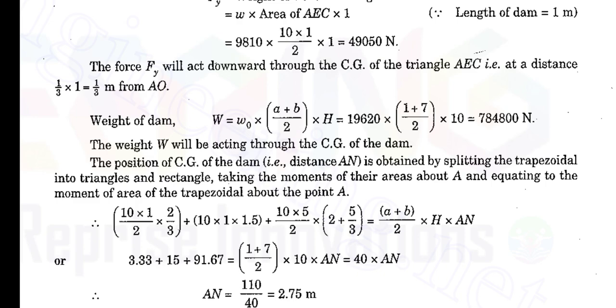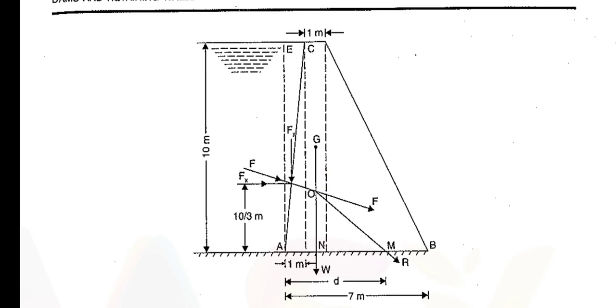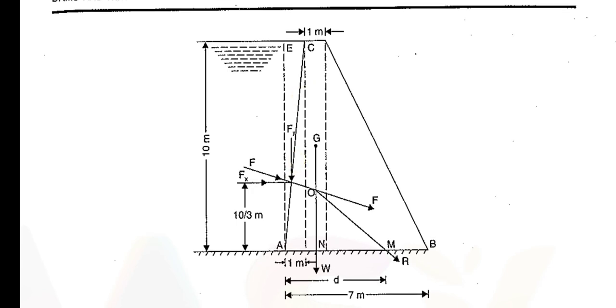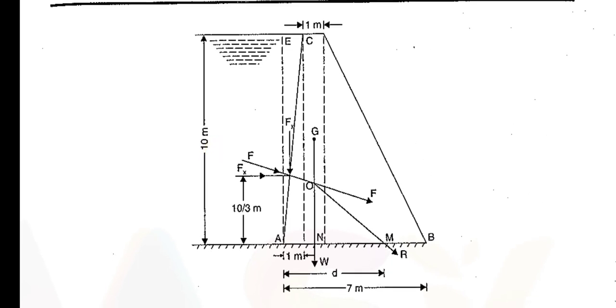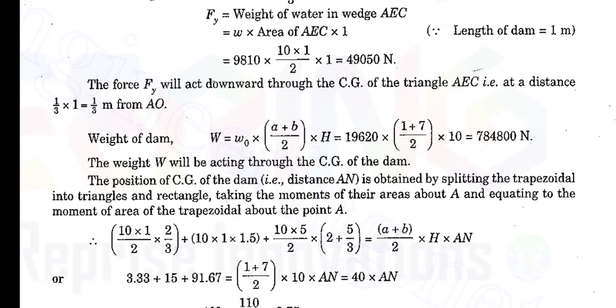So to find that, it is at a distance of 1/3 of 1 meter, where the total distance A is 1 meter. How can you find out it is 1 meter? Because the slope of this inclined face is 1 meter for every 10 vertical. The total vertical distance is 10 meters, so the horizontal distance is 1 meter. So the CG point will be at 1 by 3 meters.